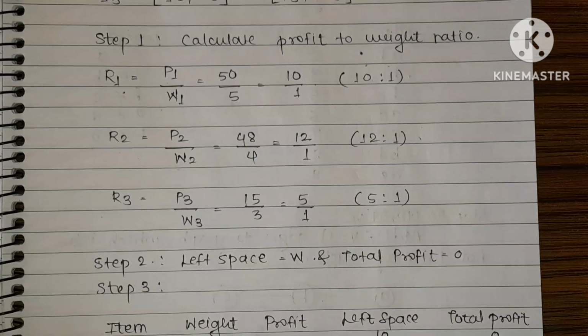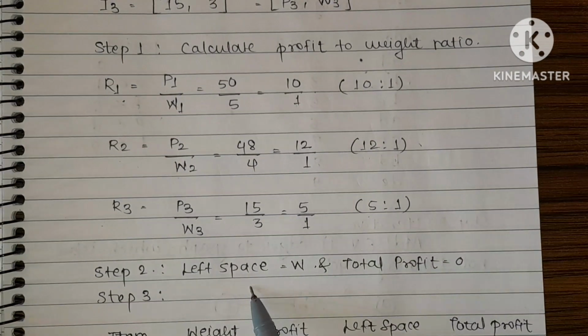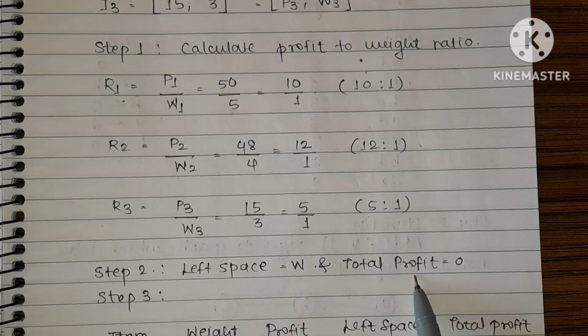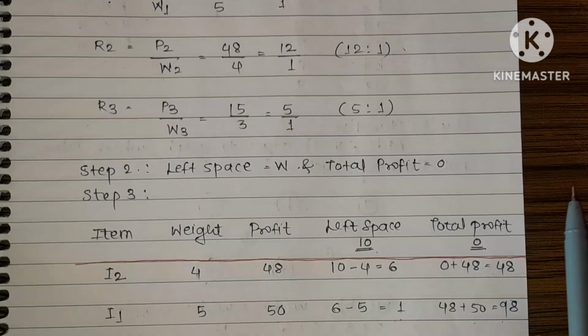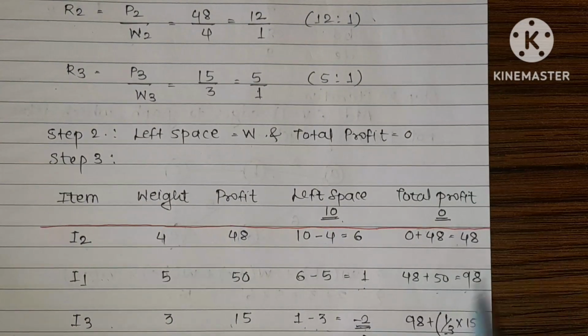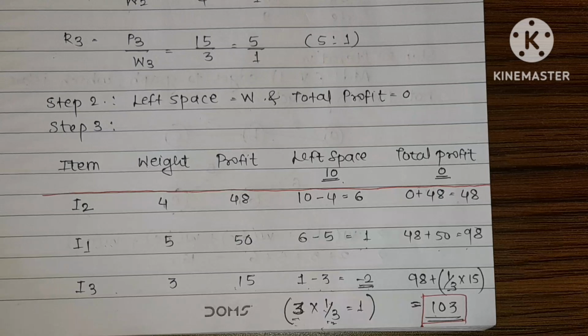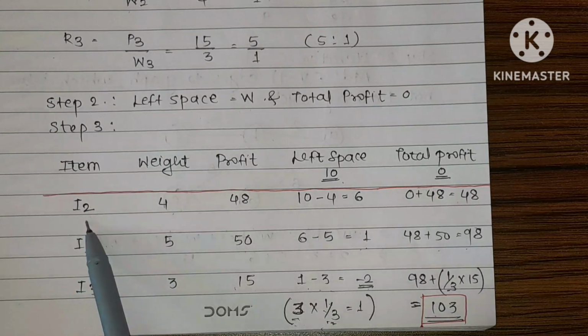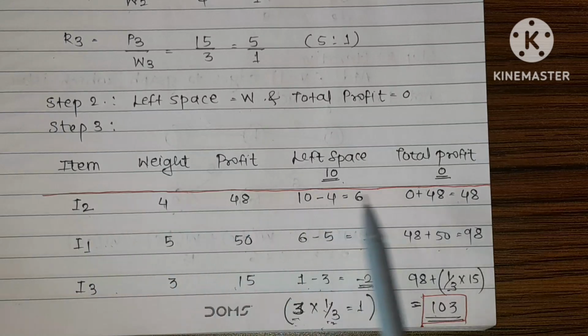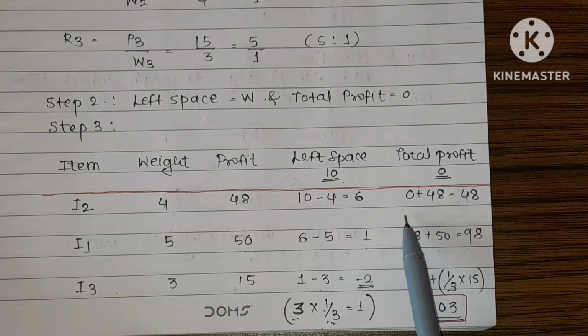With the second step, we have to initialize the left space of the knapsack. Initially it is W, which represents the full capacity of the knapsack, and total profit is initialized to 0. Step 3 is the iterative step, where we select the items one by one based on their profit to weight ratio and place them into the knapsack.